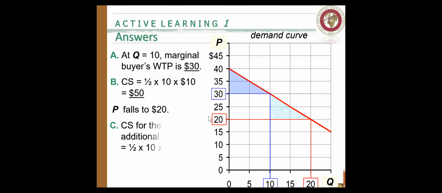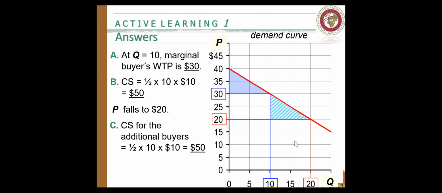Those are new buyers entering the market. Why? Because we move along the demand curve, we have new buyers joining in. So this triangle is representing the additional consumer surplus because of new buyers entering the market.